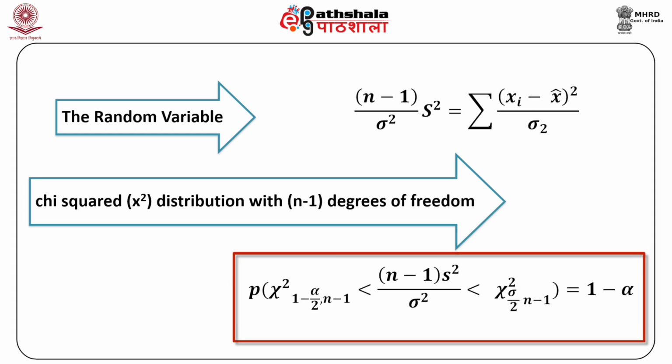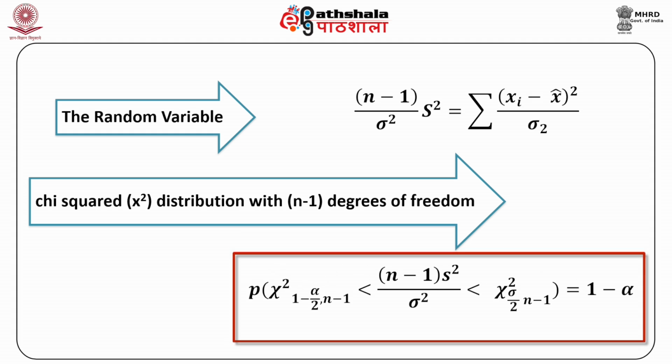Hence, P(chi-squared 1 minus alpha by 2, n minus 1 is less than n minus 1 times s squared divided by sigma squared, which is less than chi-squared alpha by 2, n minus 1) is equal to 1 minus alpha.